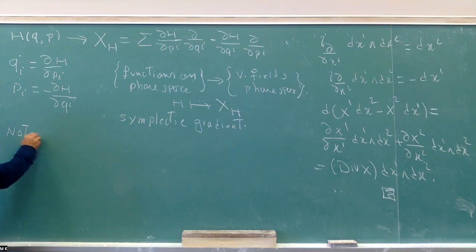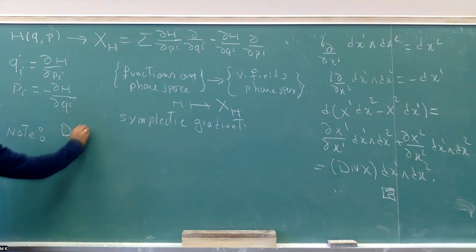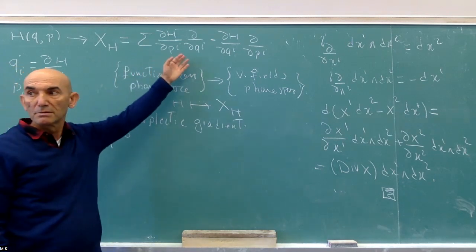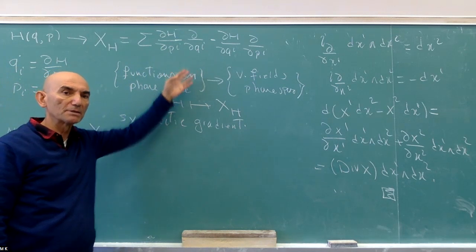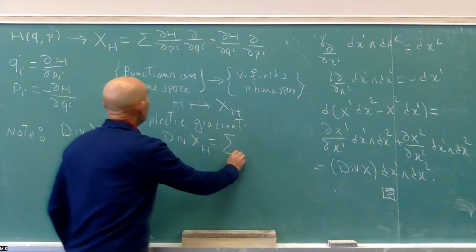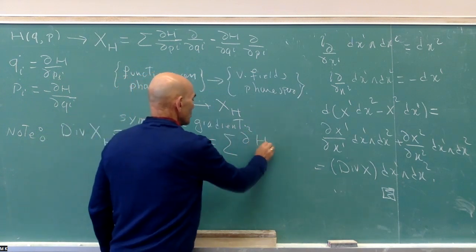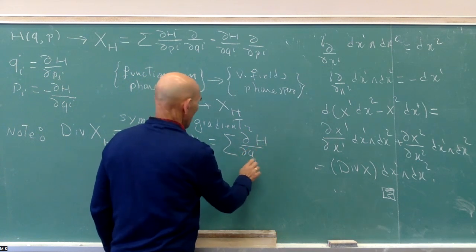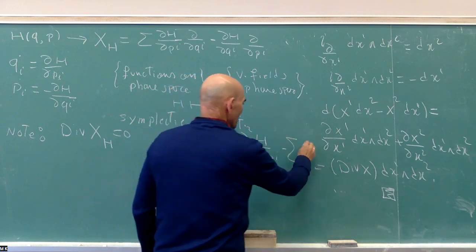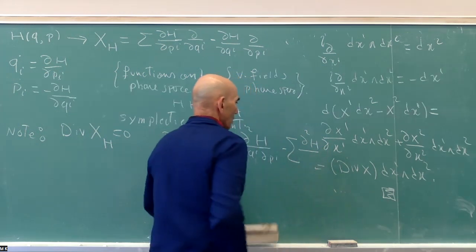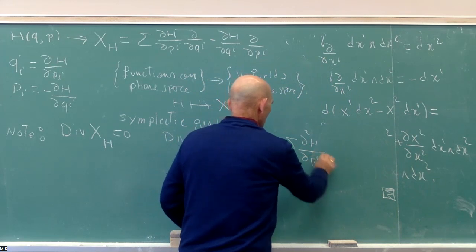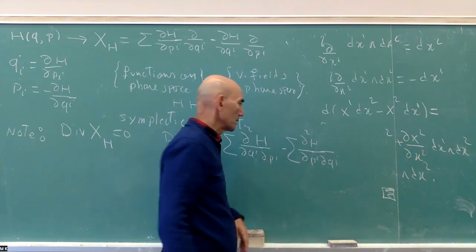The divergence of X_H is the sum of d2H/dq_i dp_i minus the sum of d2H/dp_i dq_i, and they cancel, so it's zero.